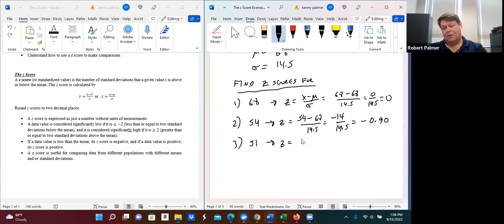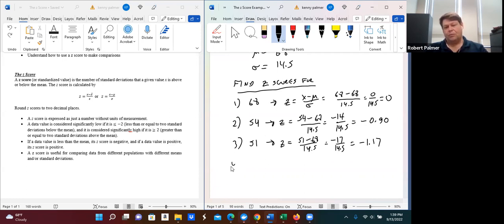So let's find out. 51 minus 68 divided by 14.5, so we have negative 17 over 14.5. And as we expected, it's negative 1.17 to two decimal places. So a little below 1 standard deviation below the mean.